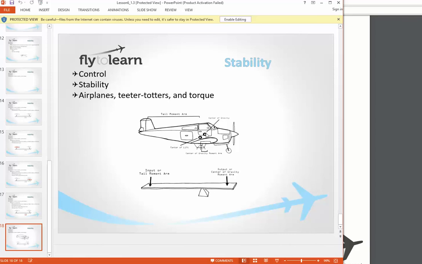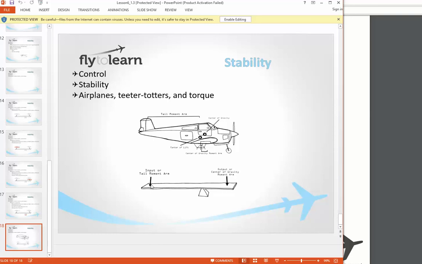We call the very center point of the airplane the center of gravity. That's where these big, huge sticks that I'm talking about would intersect. And the center of gravity along the wings that controls pitch is just like a seesaw. A seesaw has a center point called a fulcrum. That's the center of gravity.